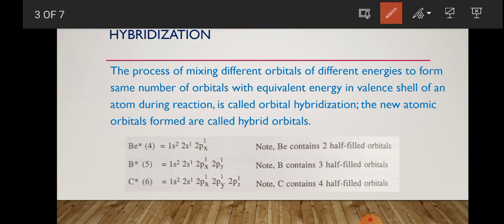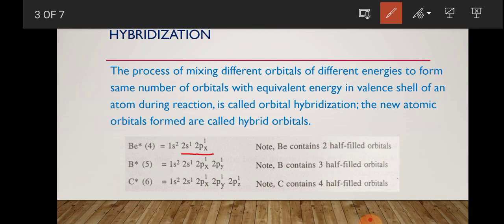You have known from definition that different orbitals of different energies mix together to form same number of orbitals. Look here, here s and px orbital mix together. Here two orbitals mix and form two hybridized sp orbitals.